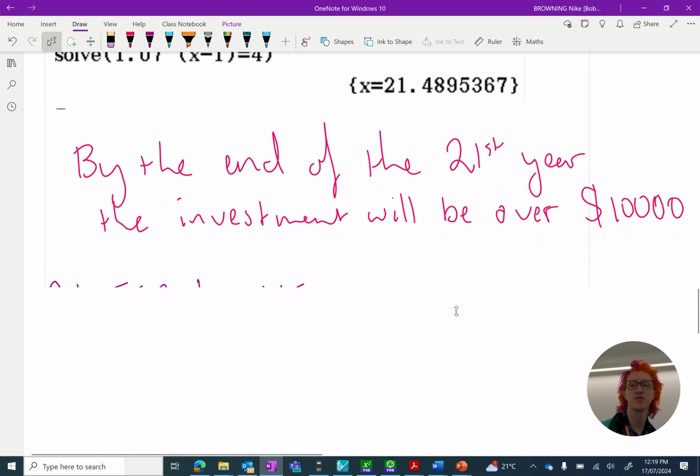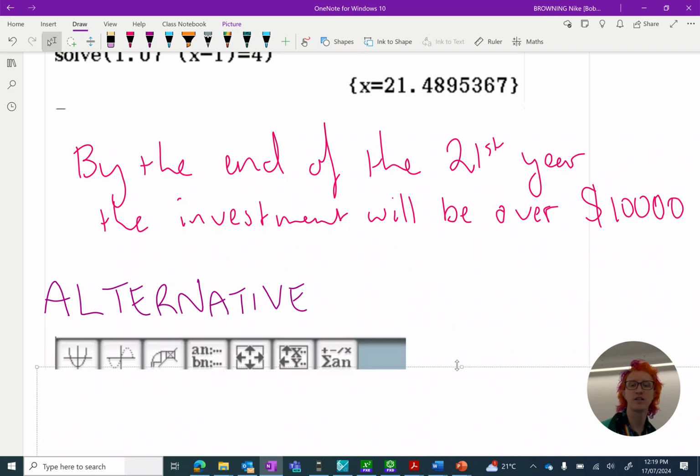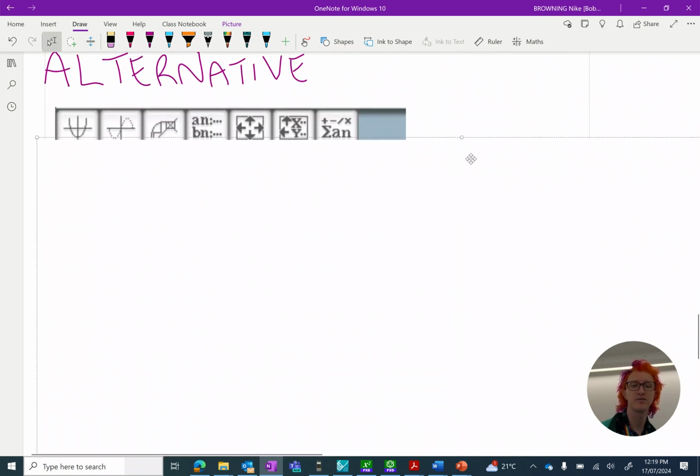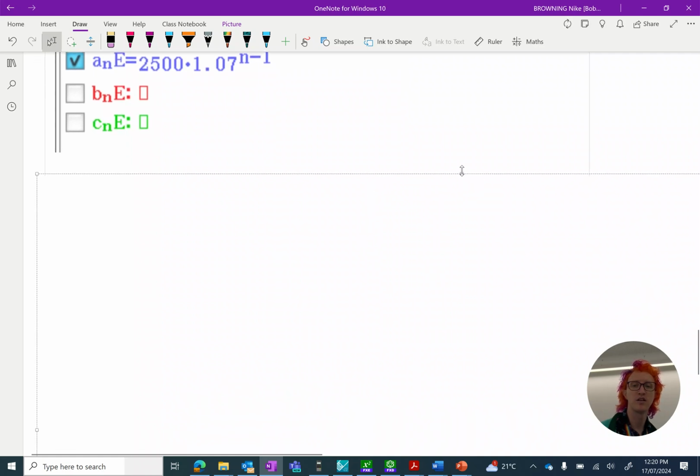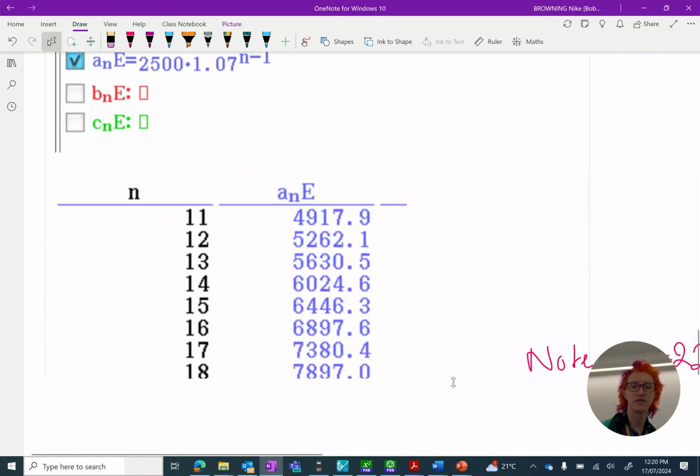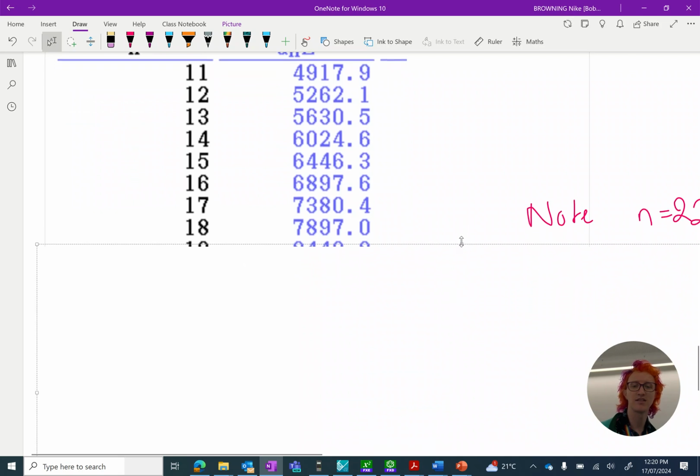The alternative one is that we use the sequences section of our calculator, use our explicit definition, as that's the one with the n terms, 2,500 times 1.07 to the power n minus 1. Look at our results until we see one that has 10,000 in it.